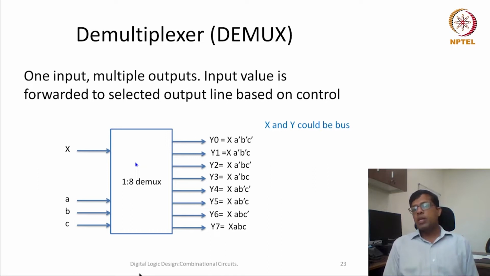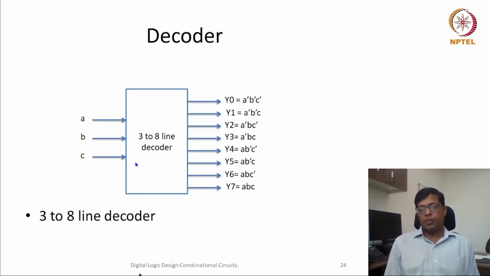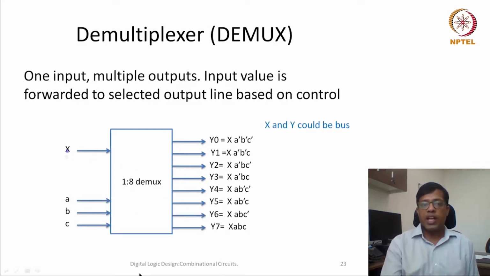Similar to this demultiplexer, there is another popular, commonly used circuit, which we call a decoder. The difference between a decoder and a demultiplexer, in a way, is that if this particular line x is 1, then based on the value of a, b, c, one of the outputs is going to be 1.